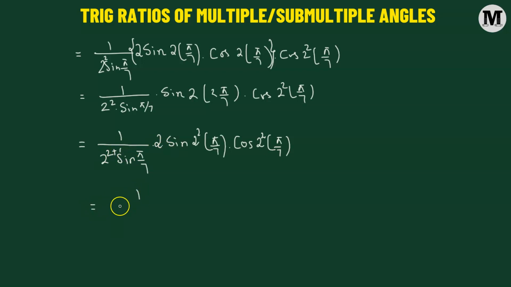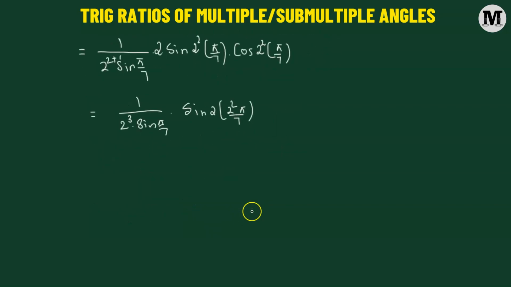That gives us 1 over 2 cubed multiplied to sine pi over 7. And we have 2 times sine 2 squared pi over 7 multiplied to cosine 2 squared pi over 7. So that becomes sine 2 times 2 squared pi over 7, which is going to give us 1 over 2 cubed times sine pi over 7 multiplied to sine. So 2 times 2 squared, that's going to become 2 cubed.